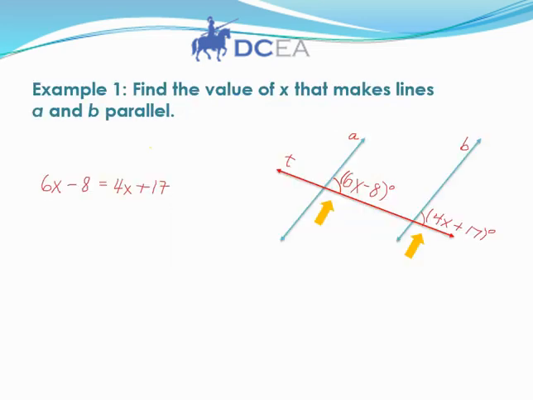So let's take a look at example 1. It says, find the value of x that makes lines A and B parallel. Go to page 114 in your book, and I want you to make a drawing of that figure. Be sure to label your lines and then put in the values for the angles.